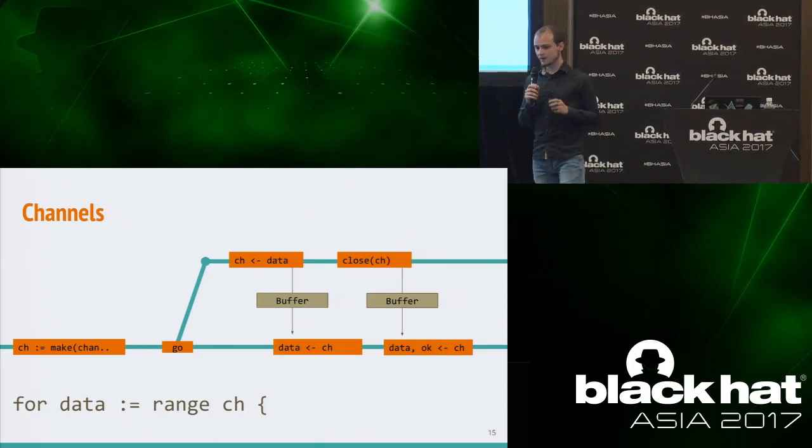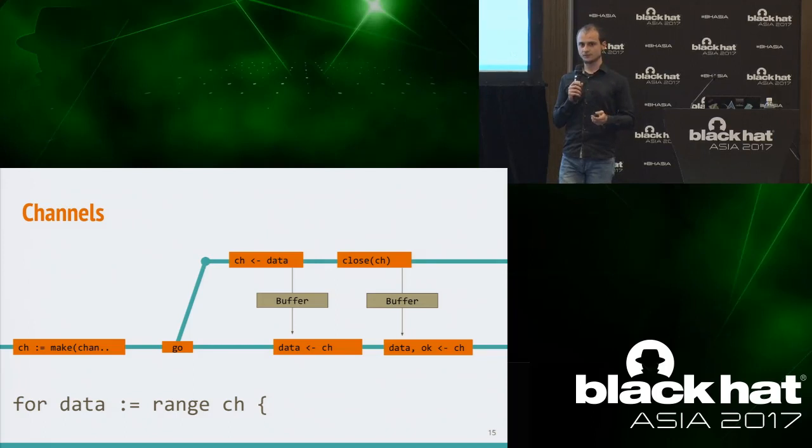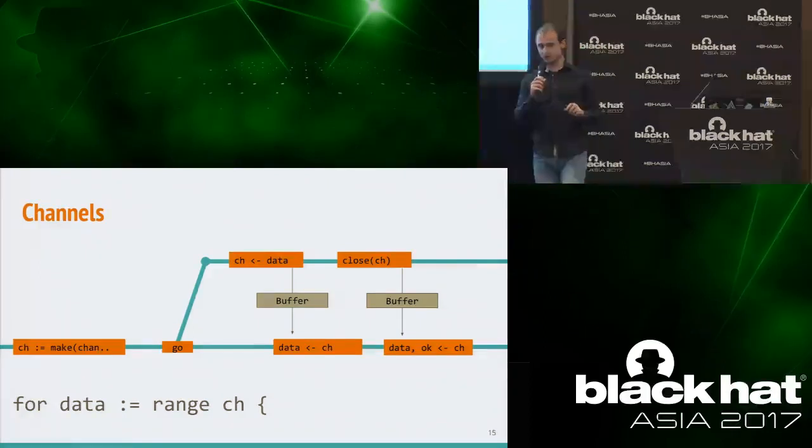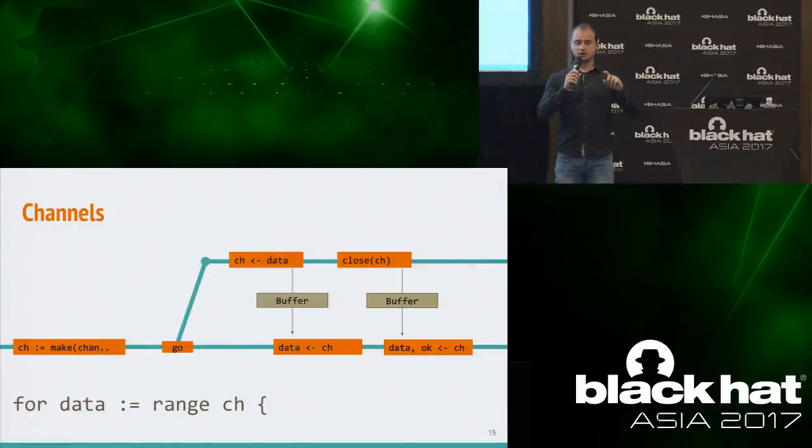So they provided people with a sort of thread-safe data structure, which can be either buffered or unbuffered. Those are called channels. Channels are meant to solve most of these problems. Spoiler, they do not, but they're meant for that.